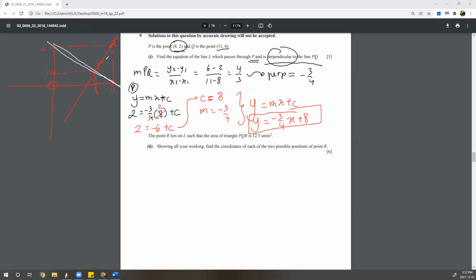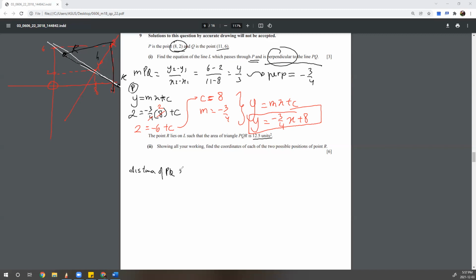Okay. So what you need to do now? The area of PQR. R can be anywhere. It can be here. It can be here also, right? PQR, the triangle area is this. So you need to find the distance of PQ first, because this is the height, right?